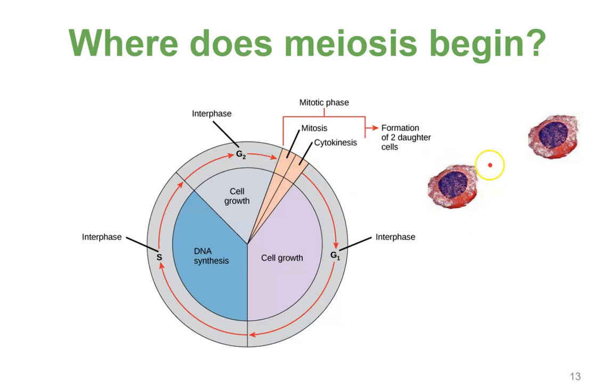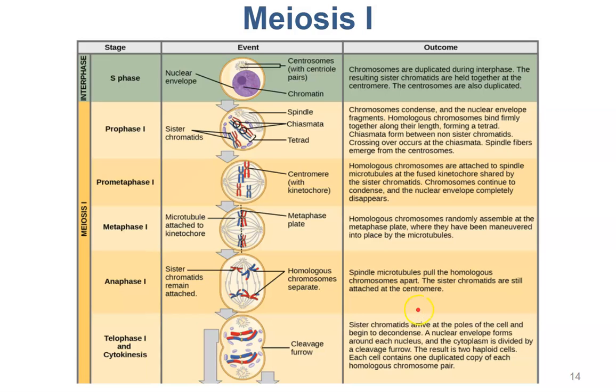So a germ cell is what starts out meiosis. Okay, so a germ cell is going to divide into 4 daughter cells. Okay, so these are the phases. This is just the overview. We're going to go over these step by step here.